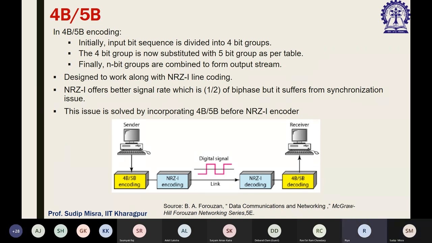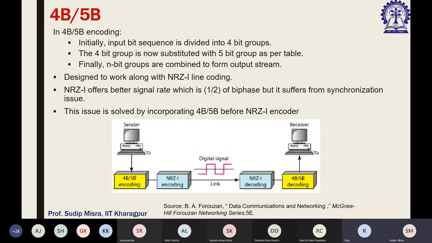Okay. So you see that what we are doing, we are taking 4-bit groups and encoding them into 5-bit groups. A group of 4 bits can have 16 different combinations, while a group of 5 bits can have 32 different combinations.